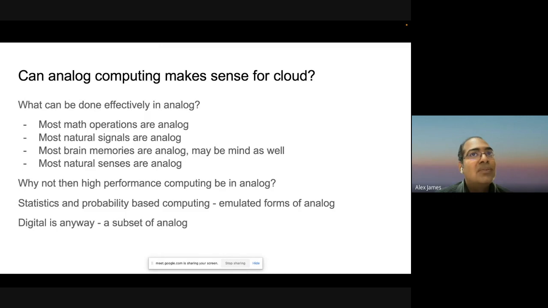So what is stopping us from creating rules and systems around it? That leads to the question of why not create hyper performance computing in analog itself. One solution is to not think of the whole computation as purely a deterministic thing, but to see it in terms of statistics and probability. Once you start doing that, many forms of analog systems can be implemented, and you can also derive and see that even the digital implementations we have are a subset of the analog systems that we have.